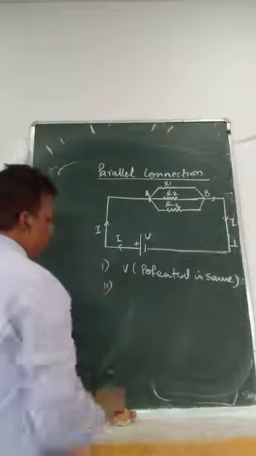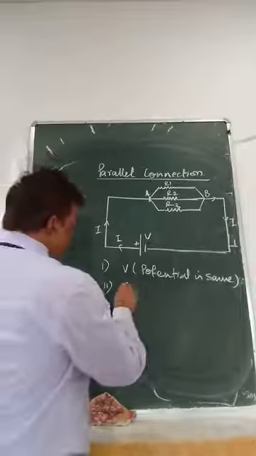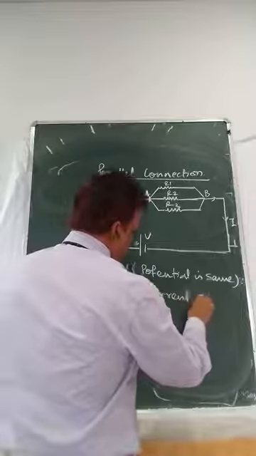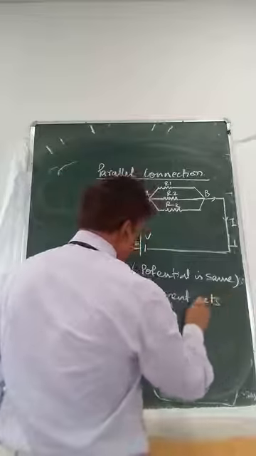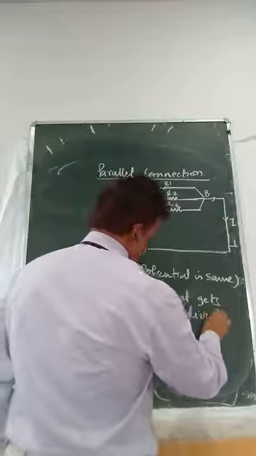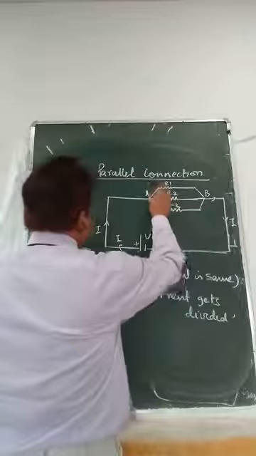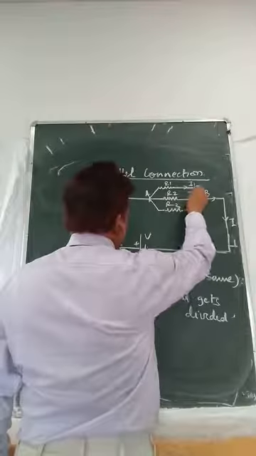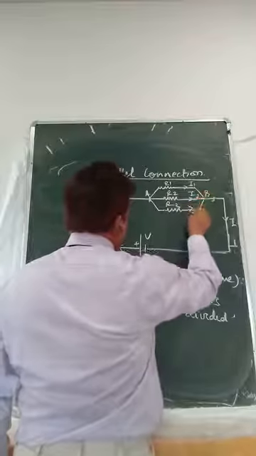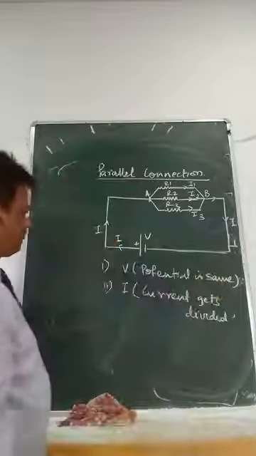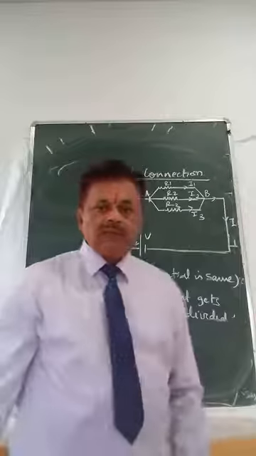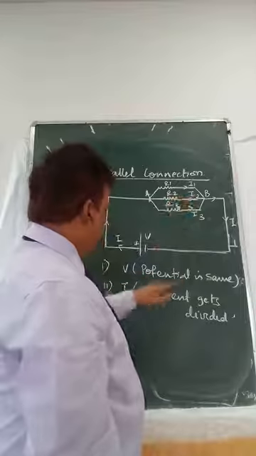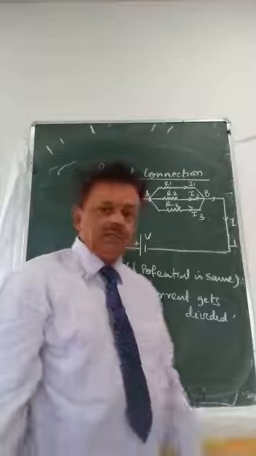Second, the current gets divided. This will be your I1 current, this is I2 current, this is I3 current. Got the point? So in the parallel connection, current gets divided and the potential V remains the same.